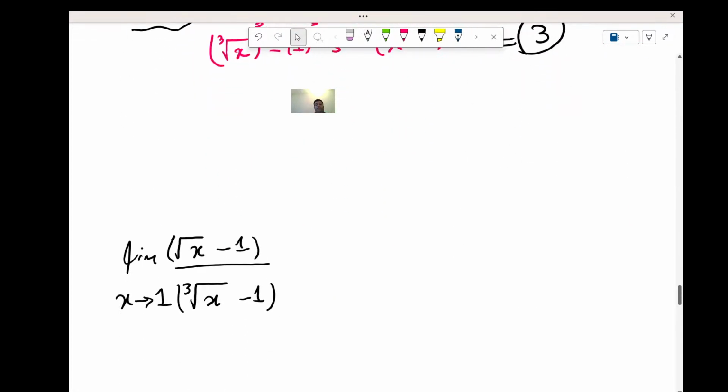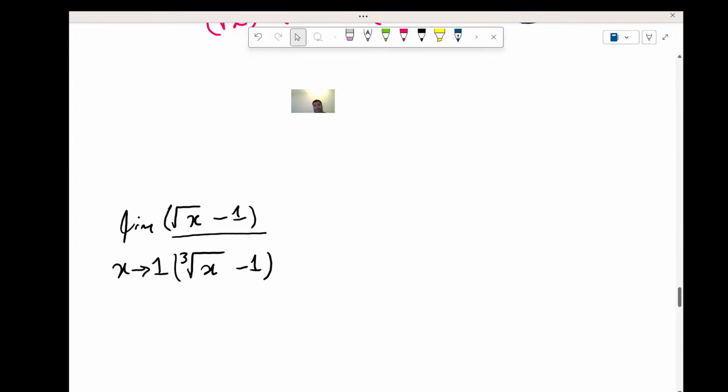But can you tell me what we must do? Although we know that you can solve this question with L'Hopital so easily, here we're going to use the identity. At first, for this part, I multiply by radical x plus 1.